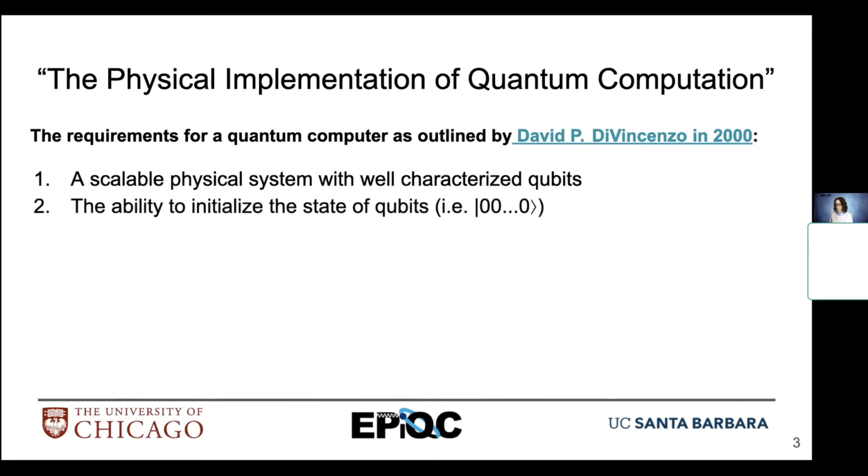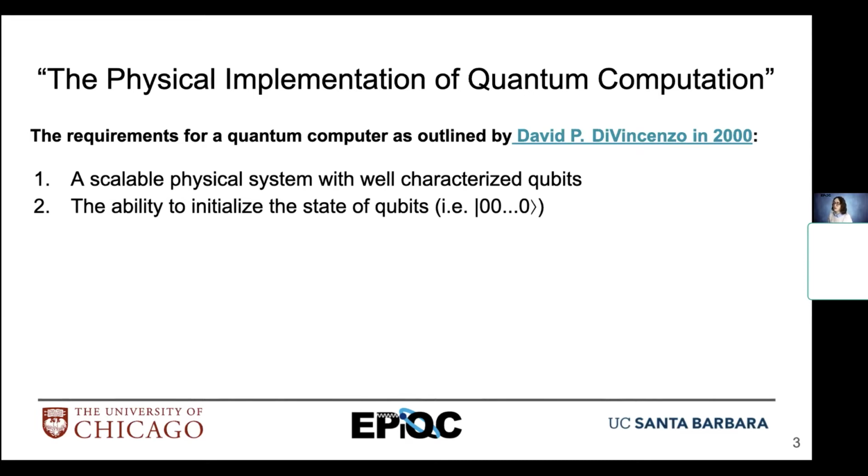Criteria number 2 is the ability to initialize the state of the qubits, for example, the ground state or the state of all 0. We have to be able to faithfully start up our system in a known state. We don't want to start our computation with some random values because that would just give us a bunch of noise at the end of the day.